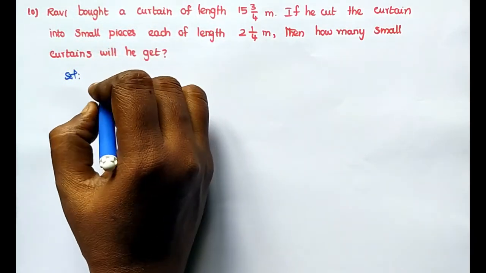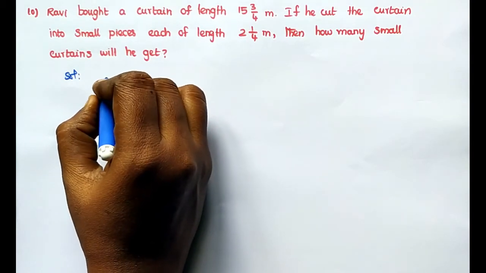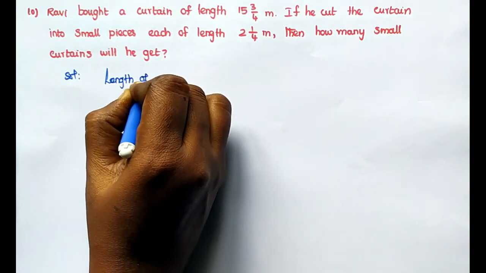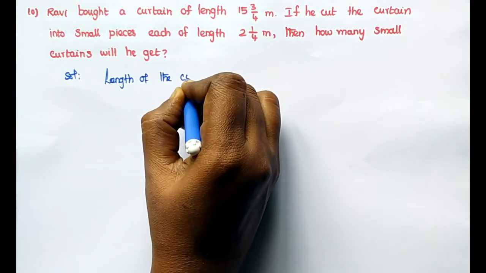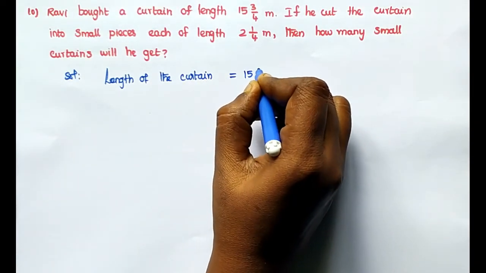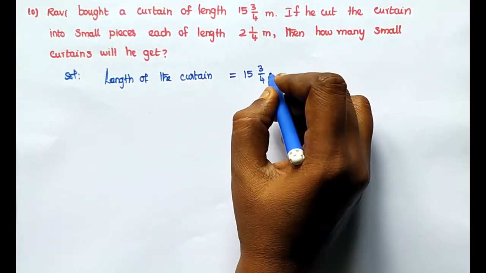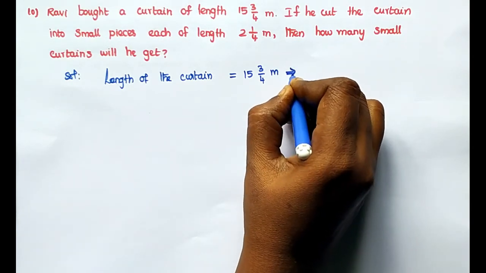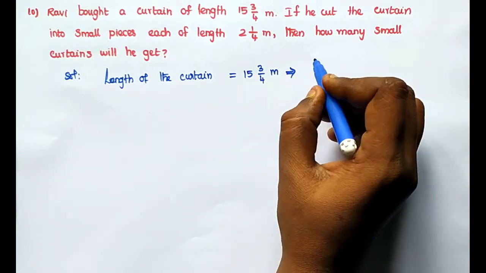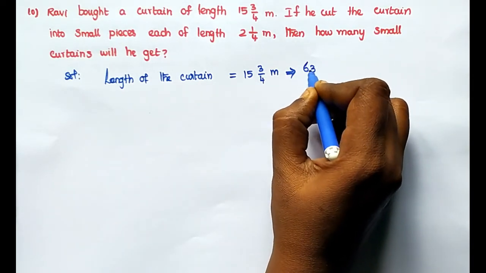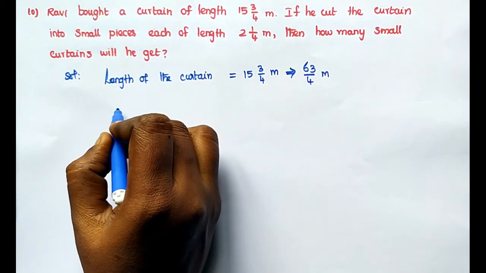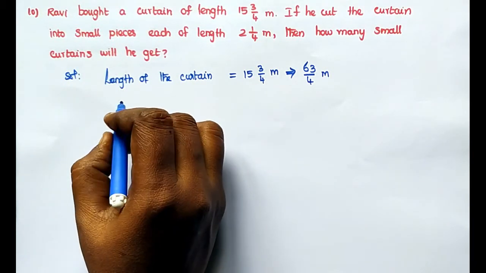Total length of the curtain is equal to 15 3 by 4 meters. 15 4s are 60 plus 3, 63 by 4 meters.